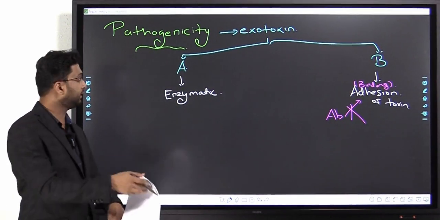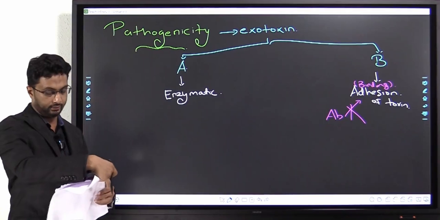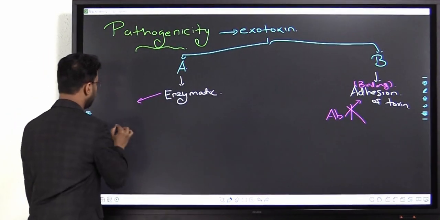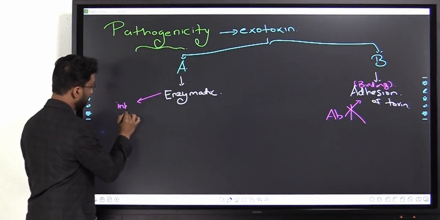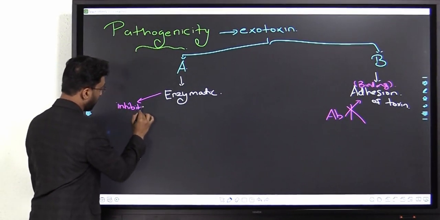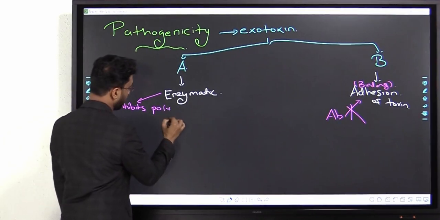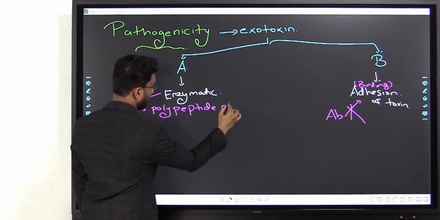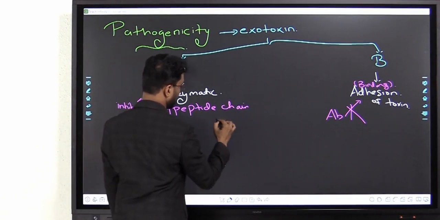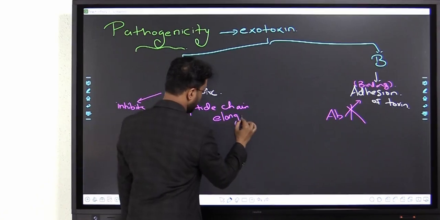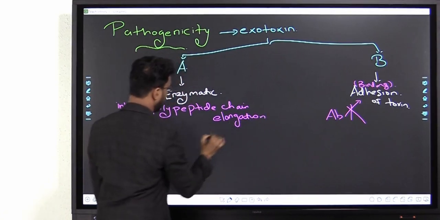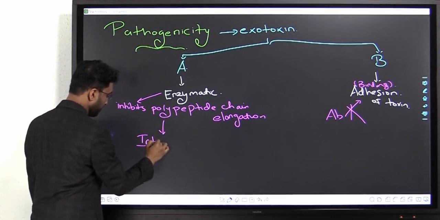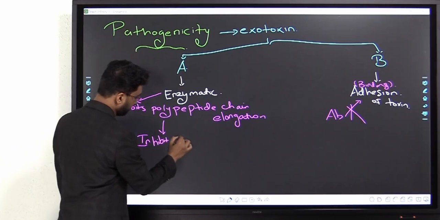Fine. So we're coming back to the enzymatic activity. What is the enzymatic activity? We're going to discuss it here. What does it do? It inhibits polypeptide chain elongation. If polypeptide chain elongation is inhibited, it inhibits protein synthesis.